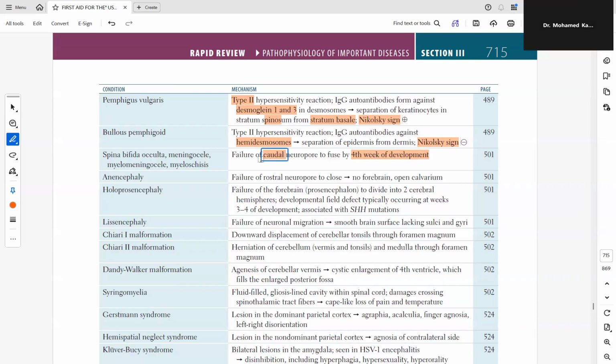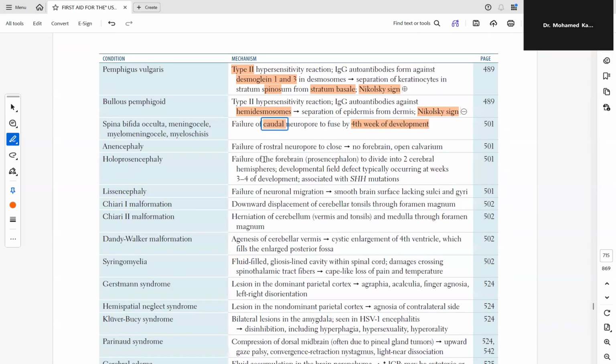Anencephaly is failure of rostral neuropore to close. So failure of caudal, which is towards the end of the body, will give spina bifida.